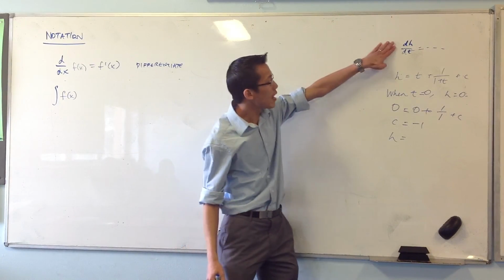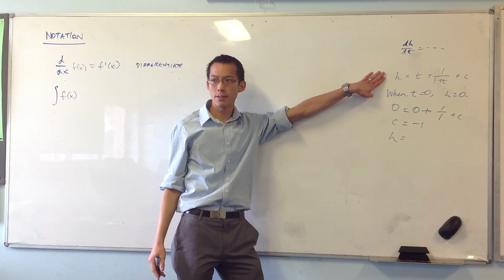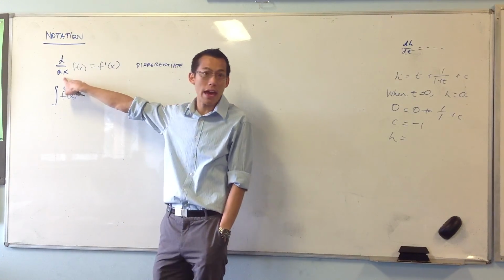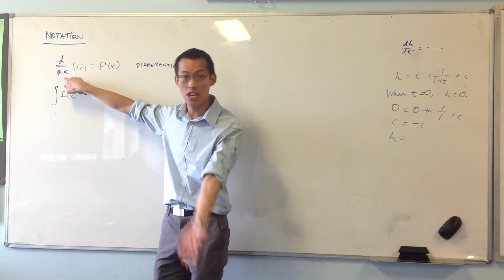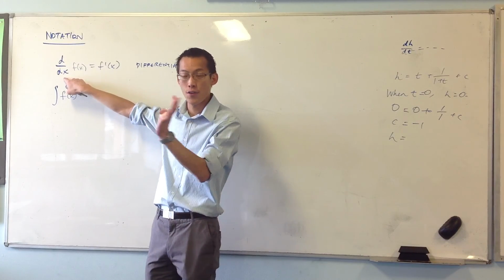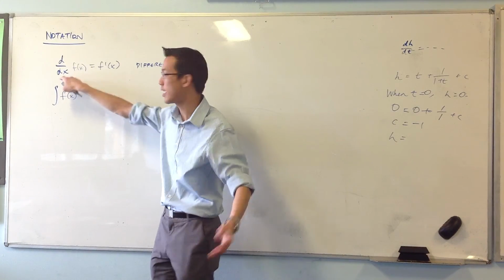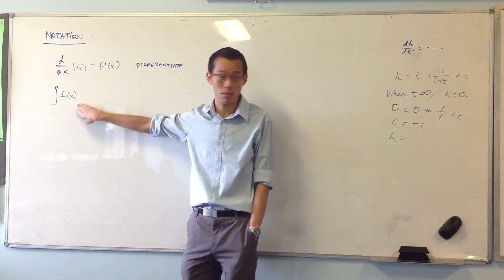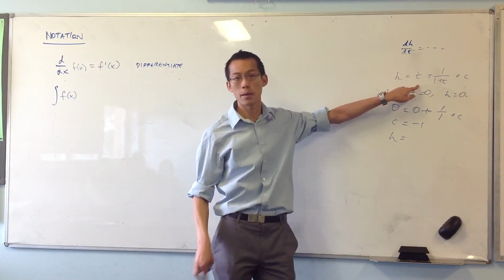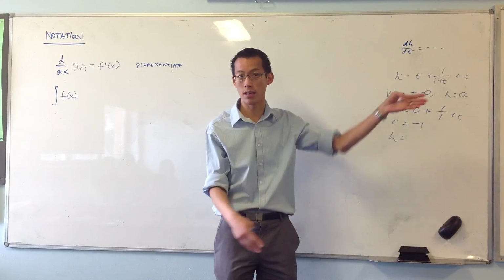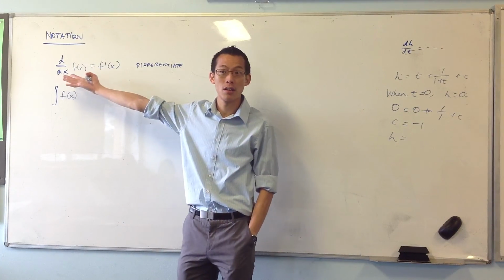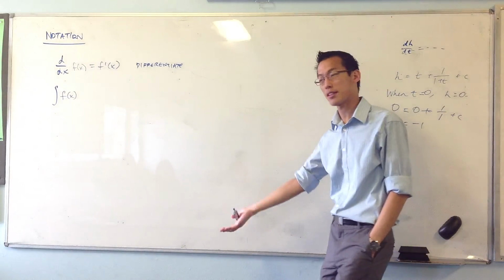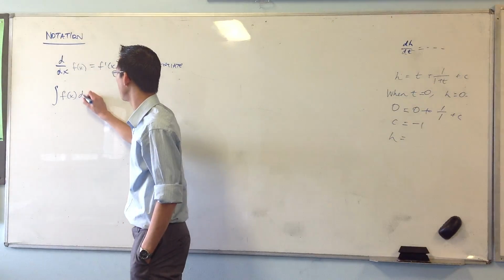Here I'm anti-differentiating, but just like I could differentiate with respect to x, or t, or whatever variable I like, I also need to say what I'm anti-differentiating with respect to. Here, I would have done it with respect to t. There are no x's here, so it wouldn't make sense to have a dx. If I'm anti-differentiating with respect to x, I'm going to write the dx here.